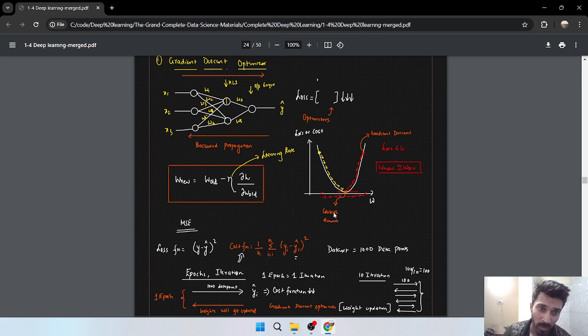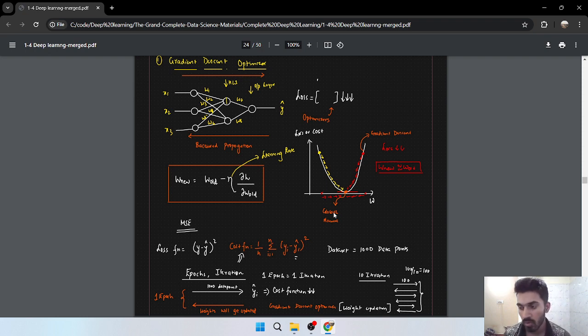So what is the problem in gradient descent basically? Suppose we have to train our model for 100 epochs. If your data set has millions of records, then gradient descent will pass all these million records at a time and calculate the error corresponding to all of the records.